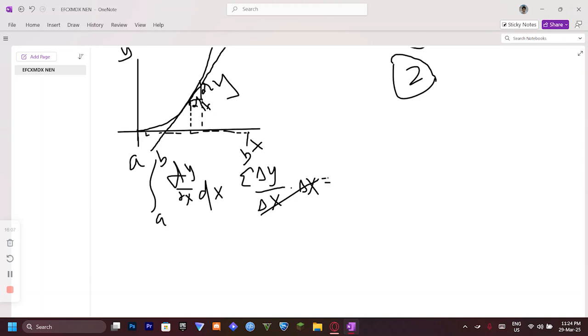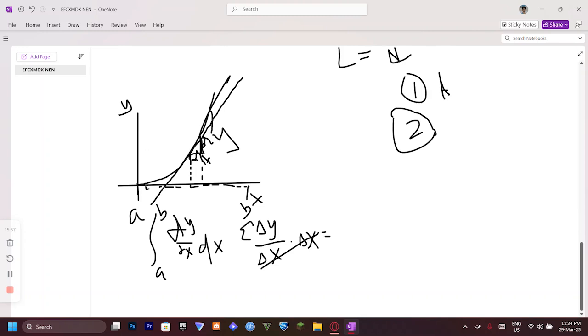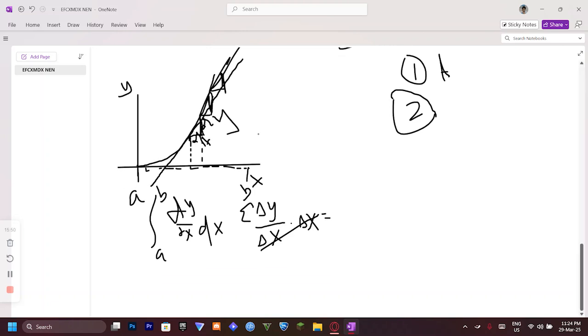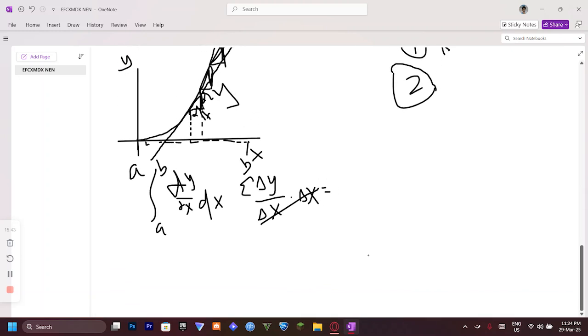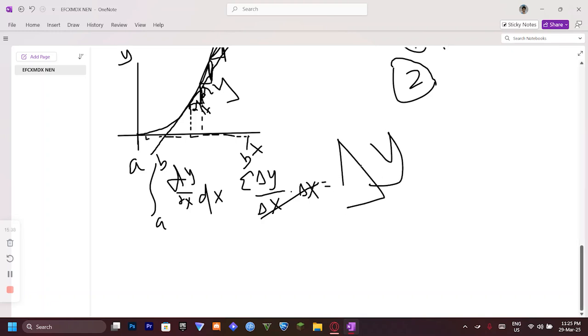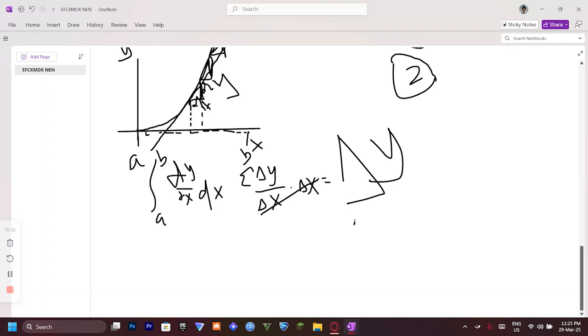So you're adding up the small dy's, you're adding up this plus this, you're adding up this and this and this, all these infinitesimally small changes in y. So what you get is a big change in y, your final y minus your initial y.